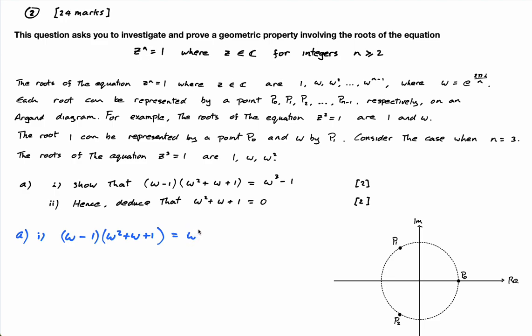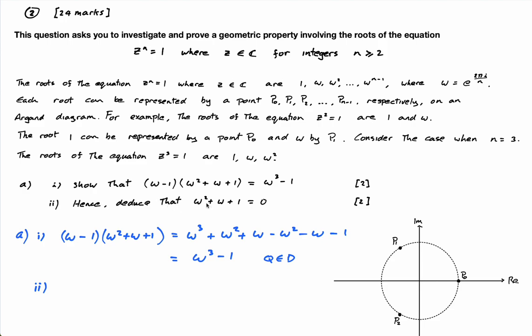This is omega cubed plus omega squared plus omega, that's this times this plus this times this plus this times this, minus omega squared minus omega minus 1 equals omega cubed minus 1. QED. Shown what they wanted me to show. Okay, easy. That question was easy.